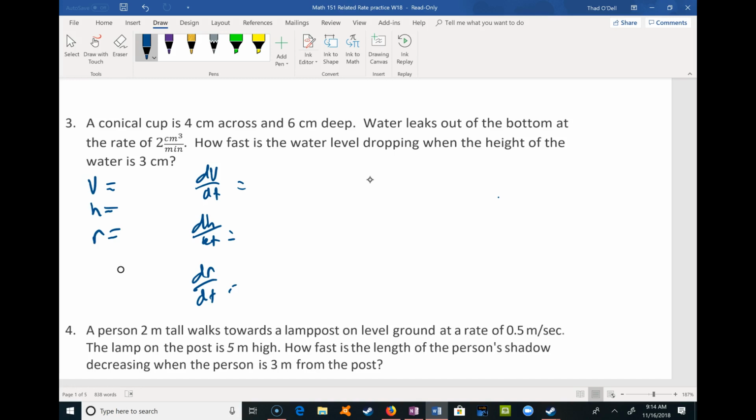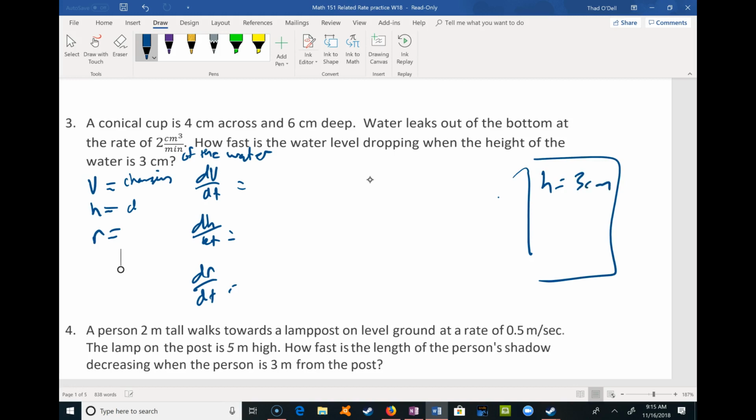So if you go through the problem and think about it, do we know any of these things? Remember, all of this is of the water. Do we know the volume of the water? No, it's changing. Do we know the height of the water? Nope, it's changing. Oh, yeah, at the spot, yes. H is 3.